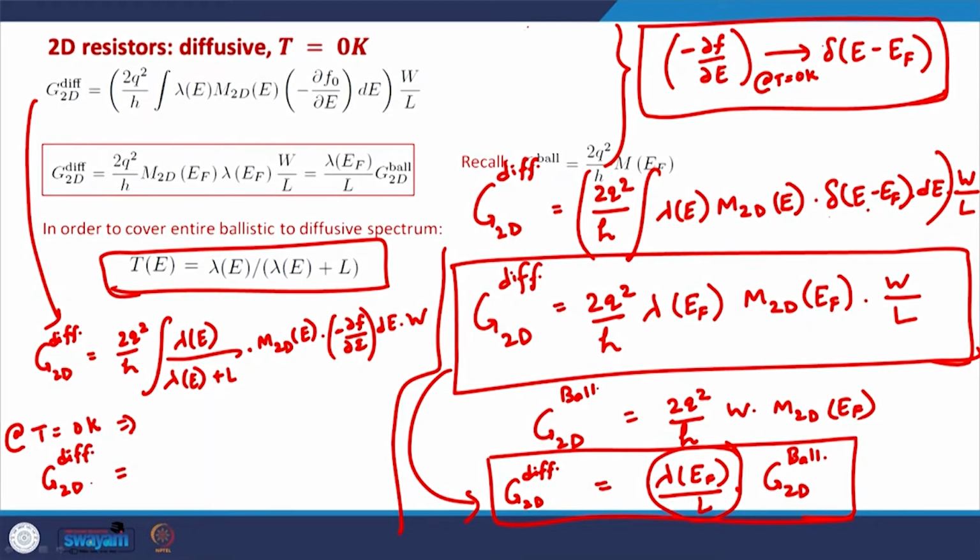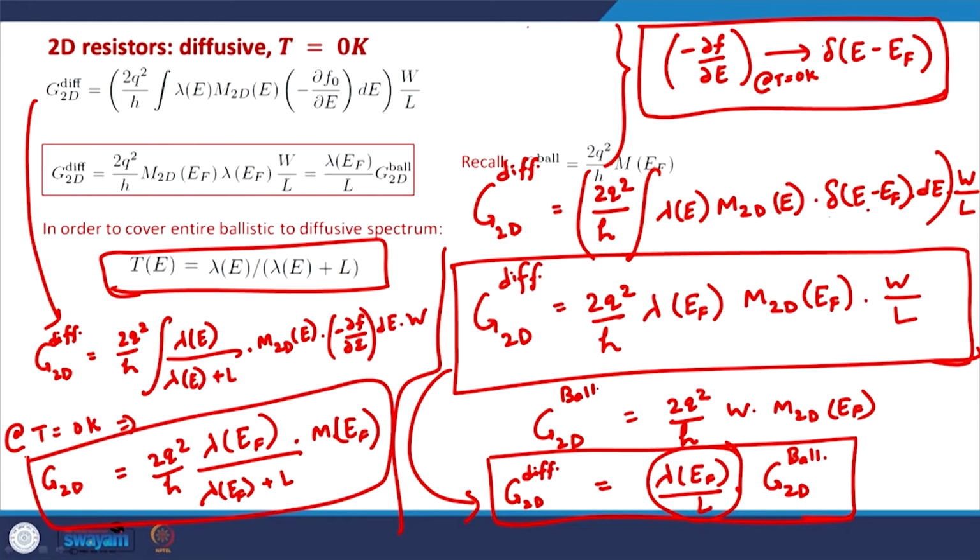In a more general case, let me write, instead of diffusive here, in a more general case, the conductance at 0 Kelvin is 2q square by h, lambda EF divided by lambda EF plus L, times M EF, where M EF is W times m 2D EF. So this will cover both ballistic and diffusive cases.